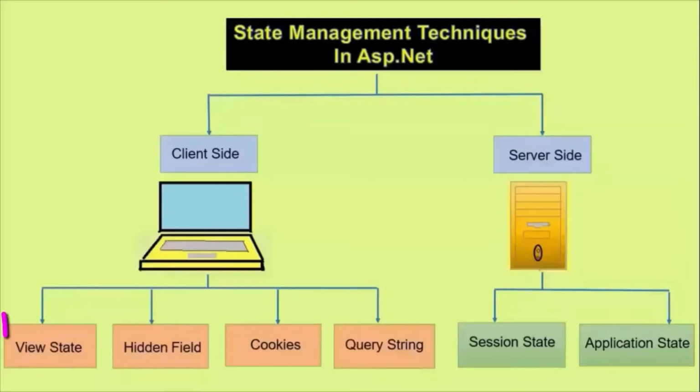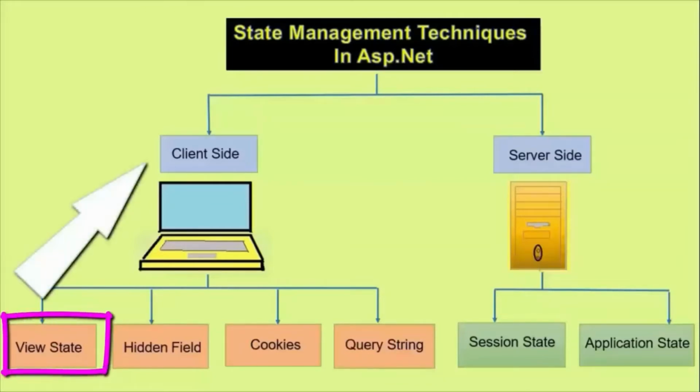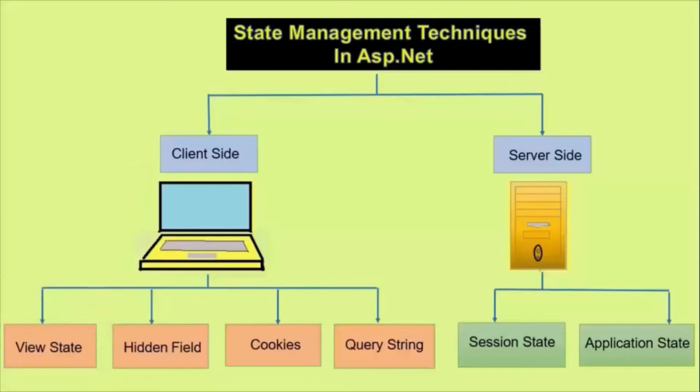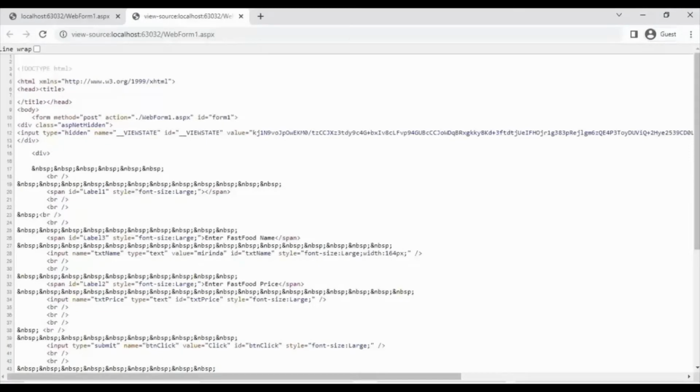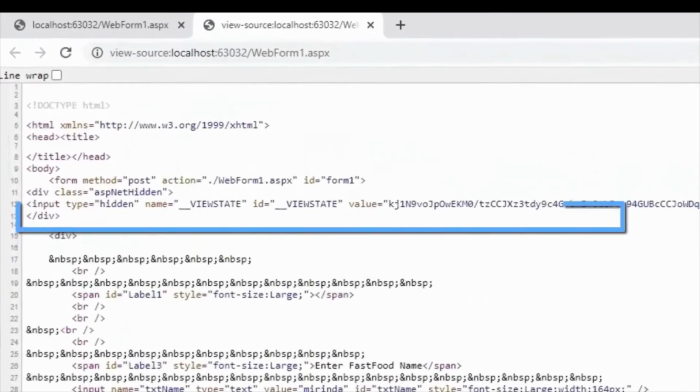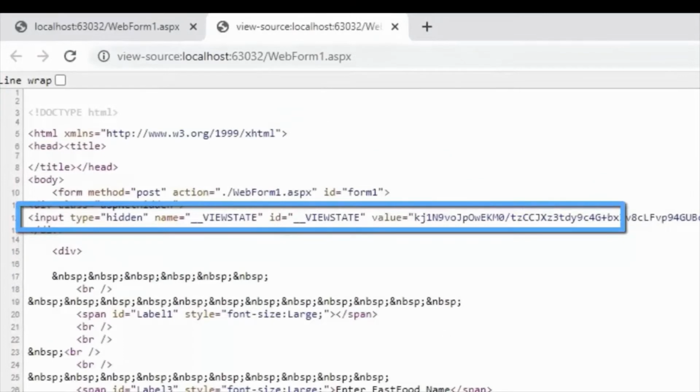ViewState is a client-side state management technique. We have seen that ViewState is client-side state management technique because ViewState data is stored in the client side, that is, in the web page, in the form of a hidden field control.